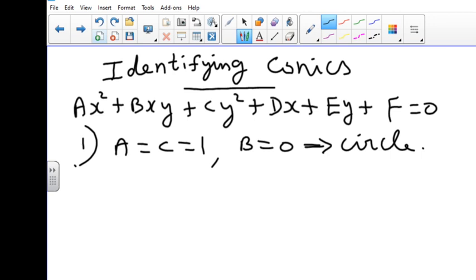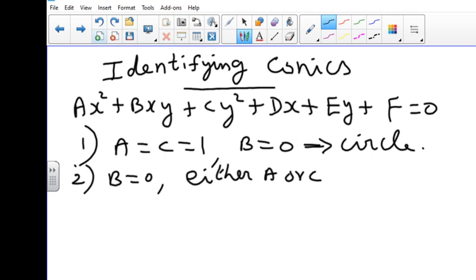Second one, b equal to 0 and either a or c is equal to 0, then it becomes a parabola.